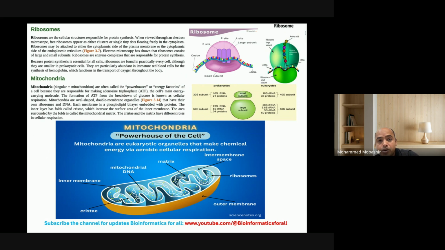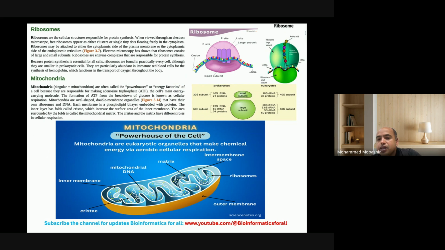Then it comes to mitochondria, which are very important and are called the powerhouse of the cell. Mitochondria are eukaryotic organelles that make chemical energy via aerobic cellular respiration. And here is how a mitochondrion looks: outer and inner membrane, ribosomes, intermembrane space, matrix, mitochondrial DNA, and cristae.